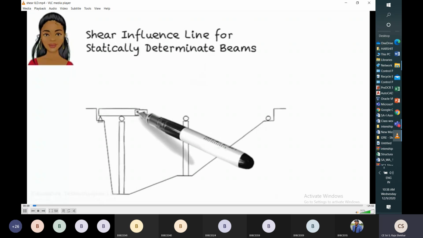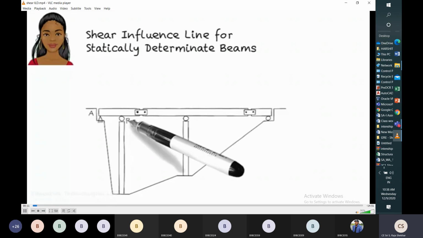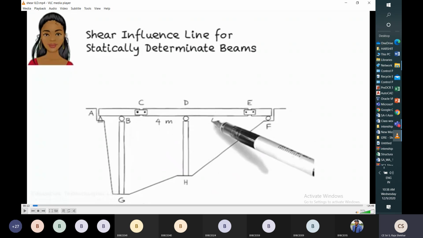So now we'll see how to draw shear influence line for statically determinate beams when moving loads move from one end of the beam to the other end. Let us suppose this is a river.